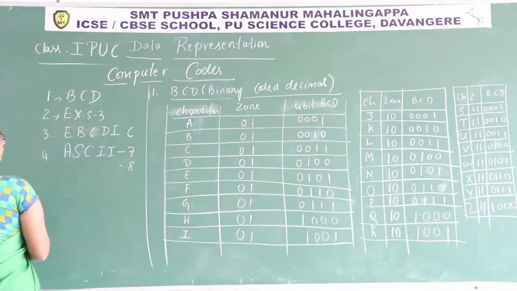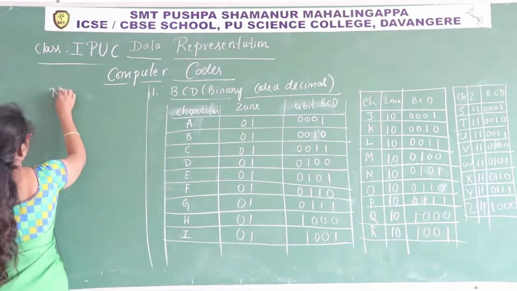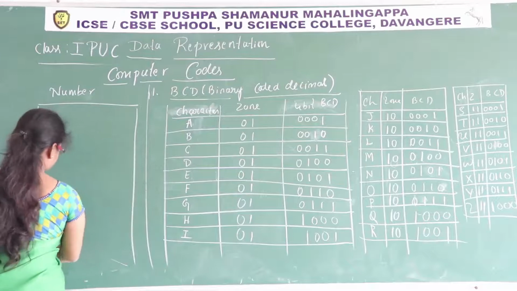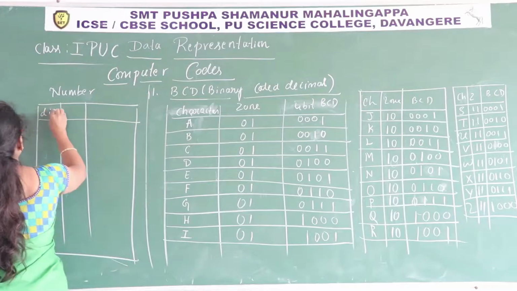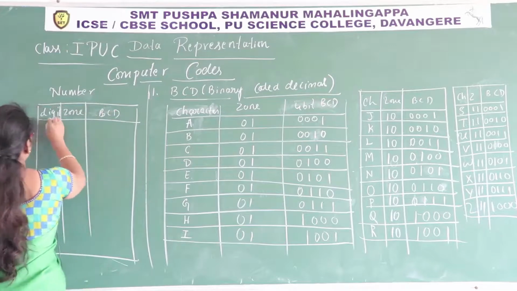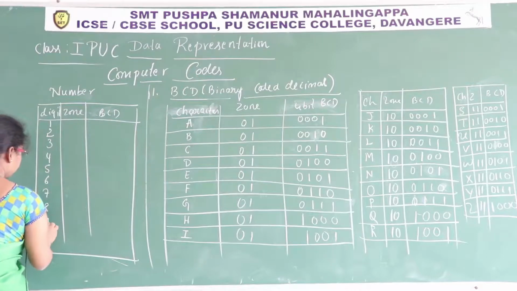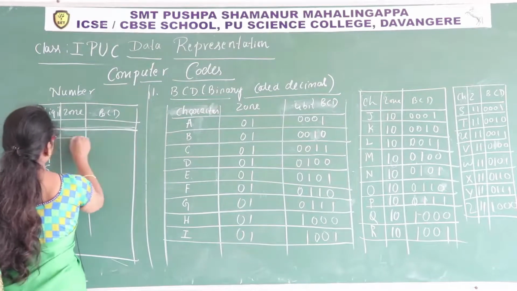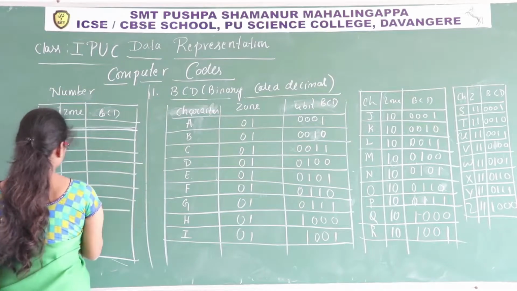And for numbers, to remember easily I'll give it like this: digit, zone bit and BCD. 1, 2, 3, 4, 5, 6, 7, 8, 9, 0. Don't write 0 at the beginning.